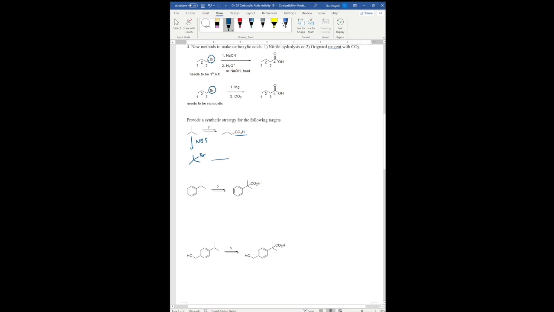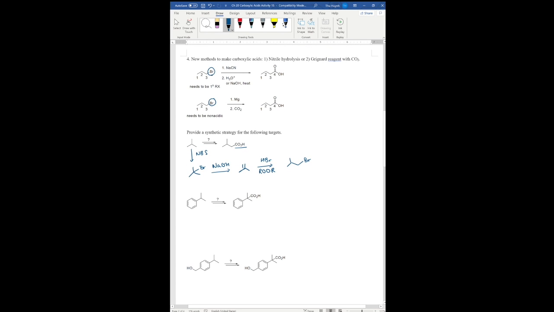Next, we can use elimination to create a double bond, and then we can use HBr to give rise to a Br group right in this position. And then from here on, we can use either one of these two reactions to give rise to our ending product.